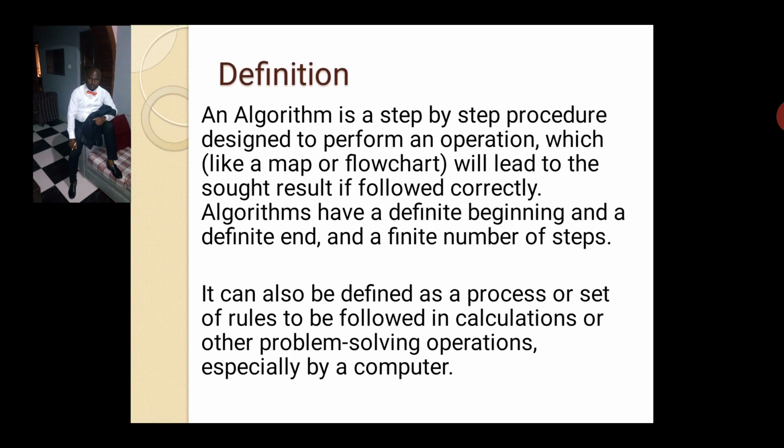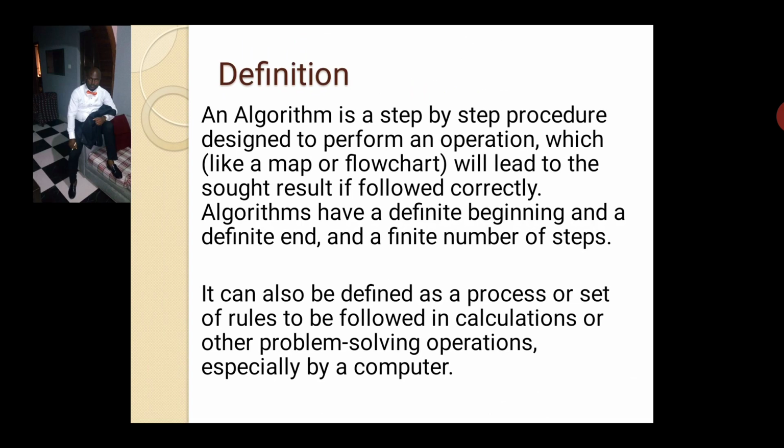Definition. An algorithm is a step-by-step procedure designed to perform an operation which will lead to the sought result if followed correctly. Algorithms have a definite beginning and a definite end and a finite number of steps.